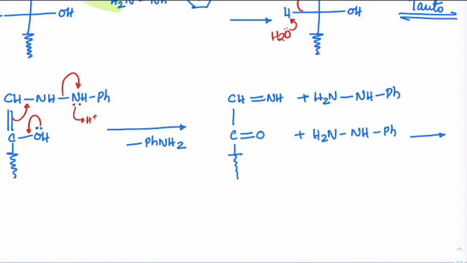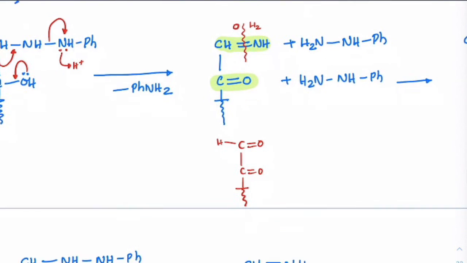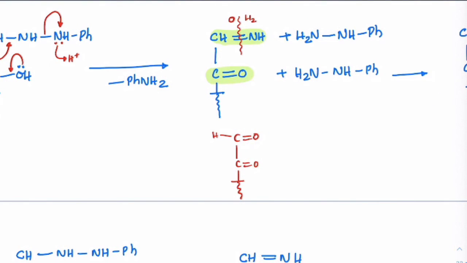Now we have an imine and we have C double bond O. If you remember, imines are unstable in aqueous solutions, so they will immediately split, with these 2 hydrogens and oxygen onto this side. So they will convert into C double bond O, which is connected to C double bond O. Now on both sides there is C double bond O, and they will react with 1 mole each of phenylhydrazine.